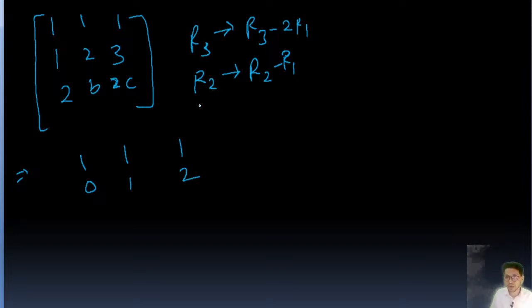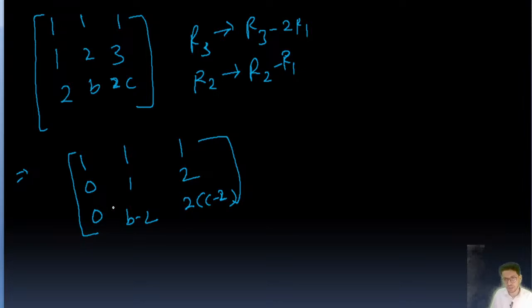And similarly R3 minus 2R1, so this is 0, this is going to be b minus 2, and this is going to be 2 into c minus 2, because 2c minus 2 times R1, that is 2, right? 2 into c minus 2, and 4. This operation.